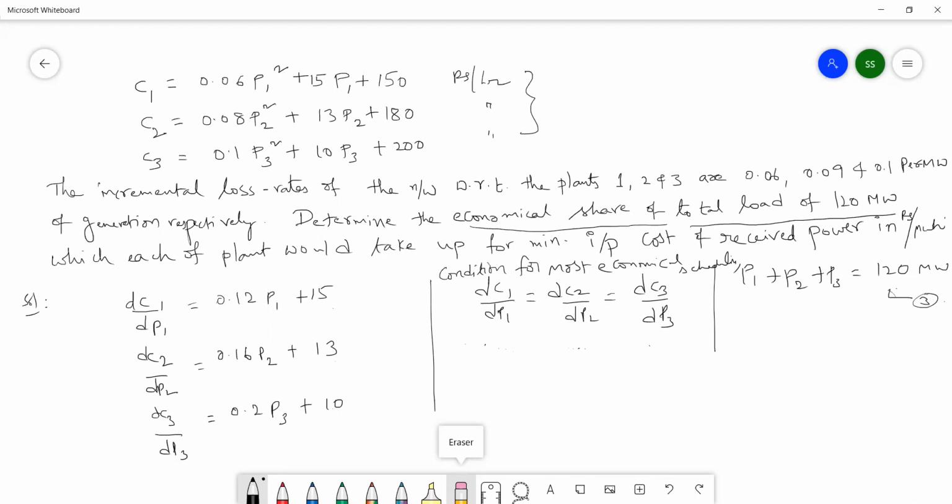By substituting these three equations, let us take them as 1, 2, 3: 0.12 P1 plus 15 equal to 0.16 P2 plus 13 equal to 0.2 P3 plus 10.